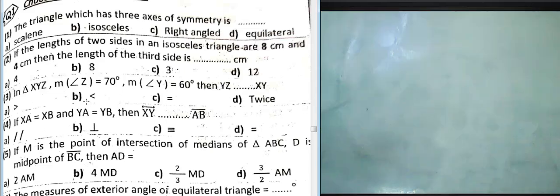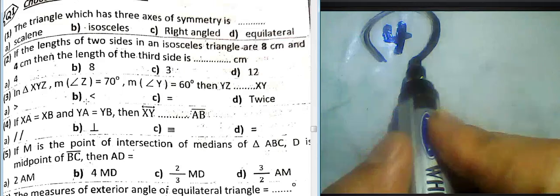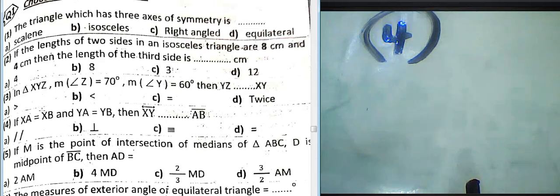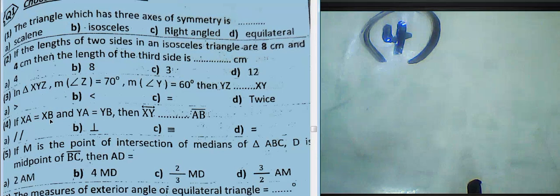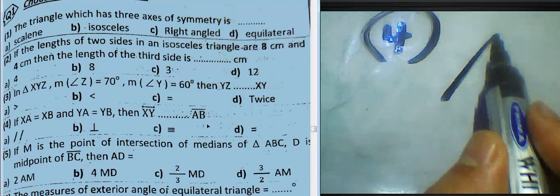Okay. Question number 4. If XA equals XB and YA equals YB, then the line of symmetry XY will be perpendicular. Look with me.